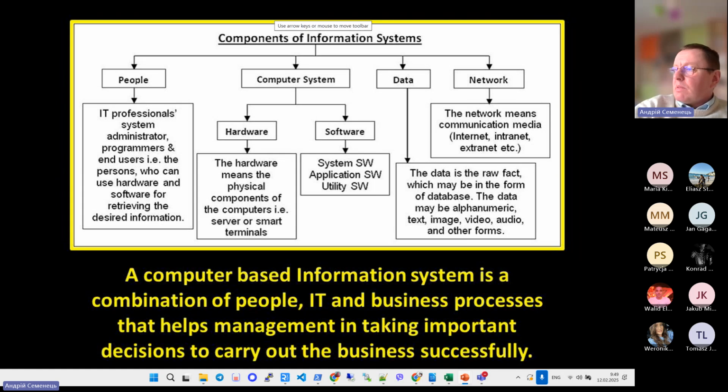For example, in online shopping, customers are both those who own the company and sell things, and those who buy those things using this service, this website, and so on. So every time it is important to keep in mind that when we talk about an information system, we are talking about human-computer interaction, of course.